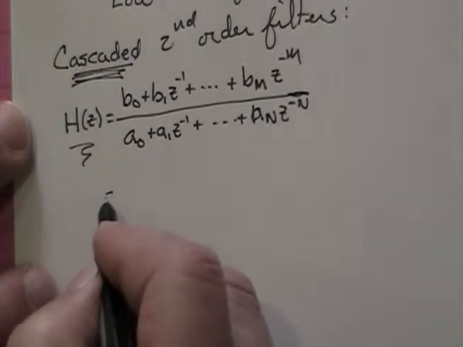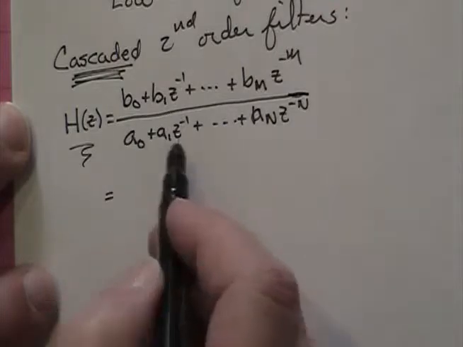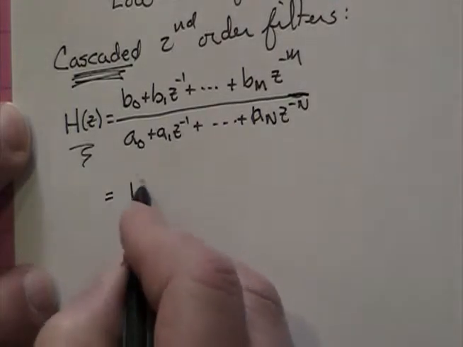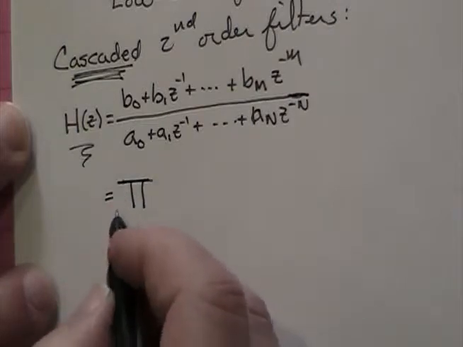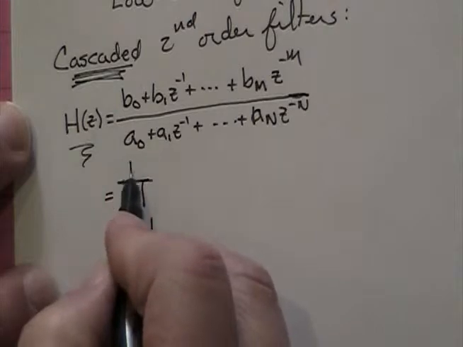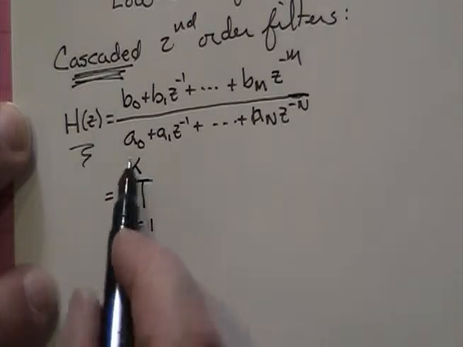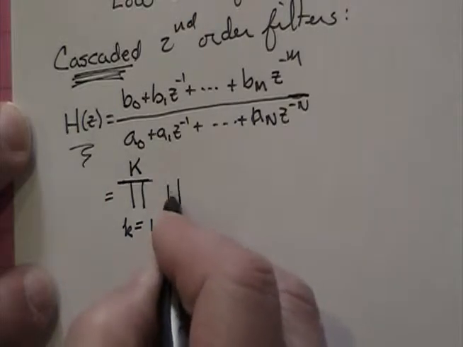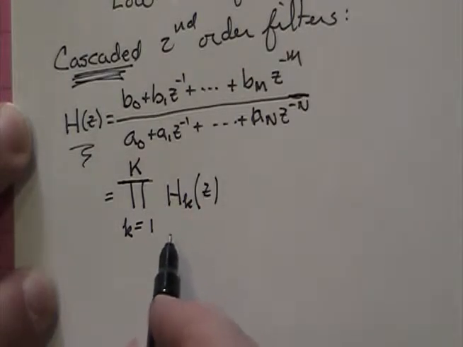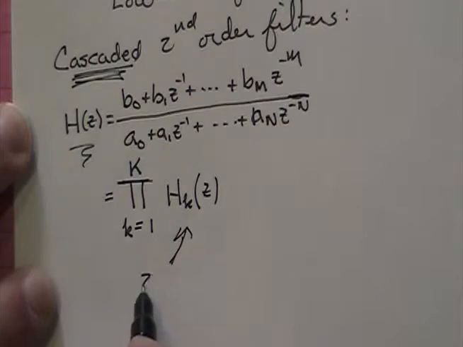I'm going to take that transfer function, and every conjugate pair I'm going to group together to get second order transfer functions. I'm going to end up with a product, and I'll use a capital pi to represent the product, with little k going over a bunch of low order transfer functions. Normally these things are second order.